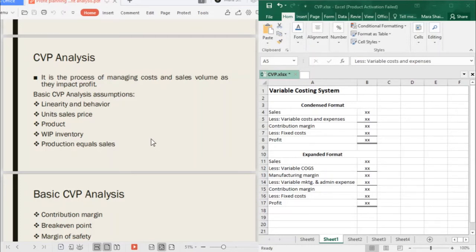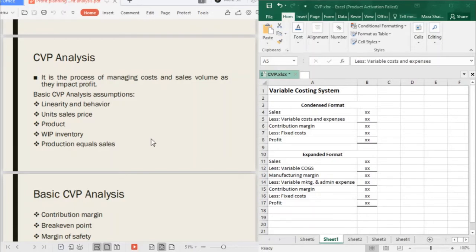But if you can remember in the previous discussion, we had that graph wherein your fixed cost was just constant and then your variable cost was slanting, going up. So that is your linearity and the behavior of your cost. That is one of the assumptions in your CVP analysis.